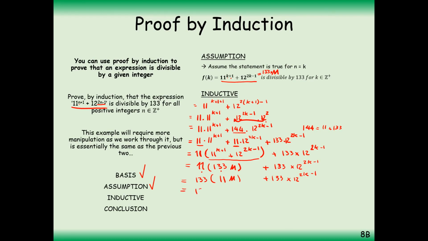So now I'm going to factorize 133 out of both terms and write here that's 11m plus 12 raised to the power of 2k minus 1. And by inductive hypothesis and inductive step, we've shown that this formula holds for all positive integers k.